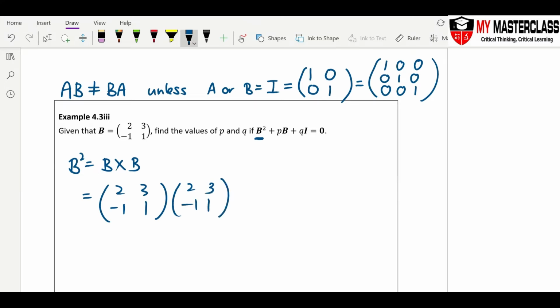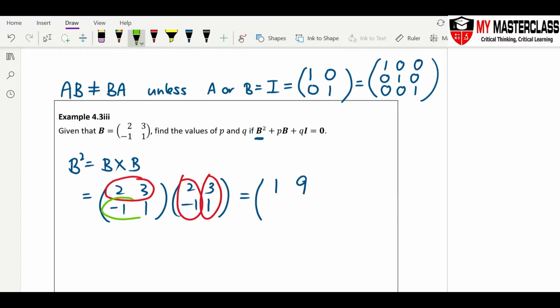If you do the matrix multiplication correctly, remember we said the first is a row, the second is a column. So the first element will be 2 times 2, 4, plus 3 times negative 1, that would be 1. First row, second column: 2 times 3, 6, plus 3, 9.